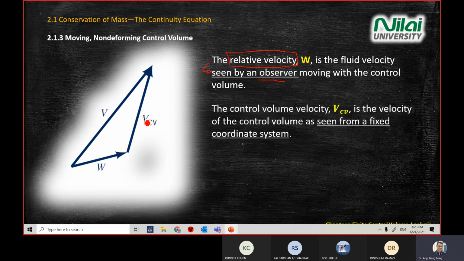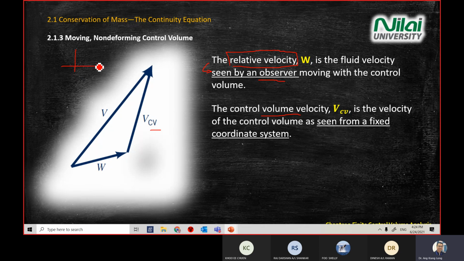Another one, V sub CV, just means the control volume velocity, like what I explained just now. And this one is seen from a fixed coordinate system, so you just look from the reference coordinate.